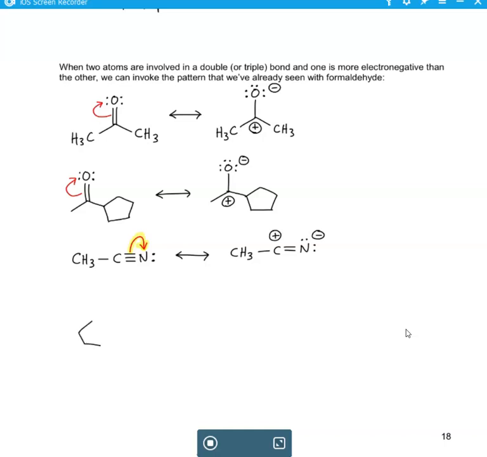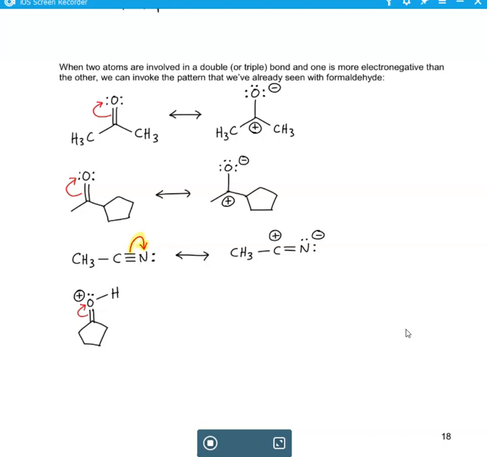Now, speaking of charge, let's do one more example. Like this. So it involves an ion. There's a charge already on that oxygen. Do we care? We don't. Okay? All we care about is the fact that there's a multiple bond between two atoms that have different electronegativities.